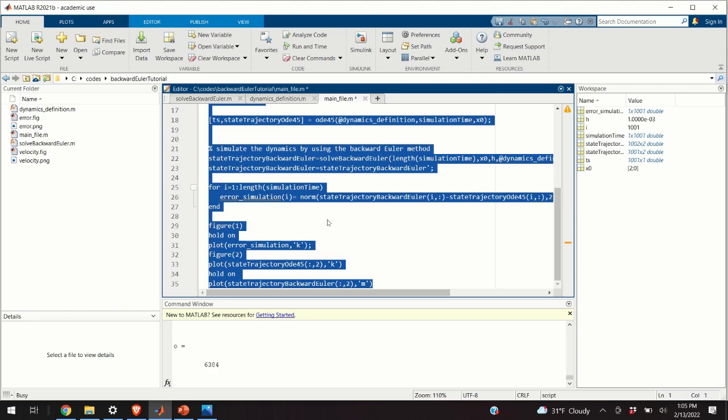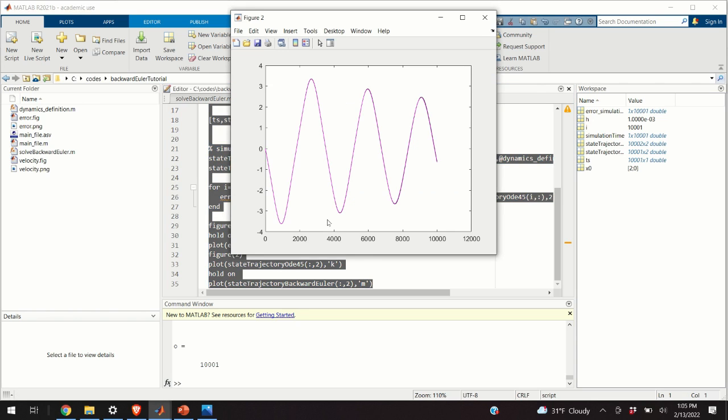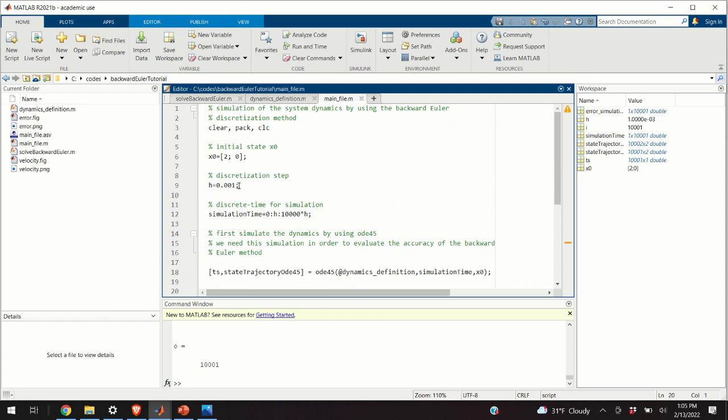There can be several reasons for that. The first reason can be that, for example, the tolerances are not the same in ODE45 and in the method for discretizing the dynamics by using the backward Euler algorithm. Or it might happen that this discretization step is actually too large, and that the backward Euler method introduces discretization errors, and that these discretization errors grow over time.